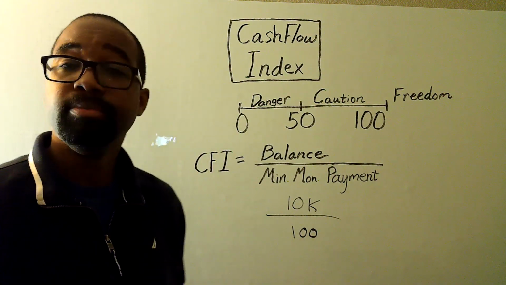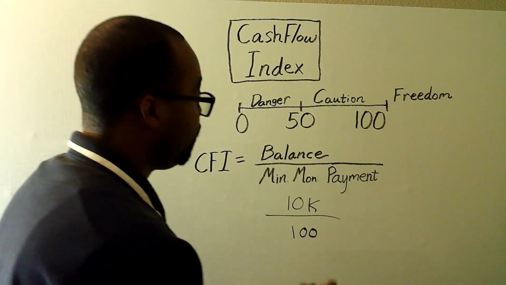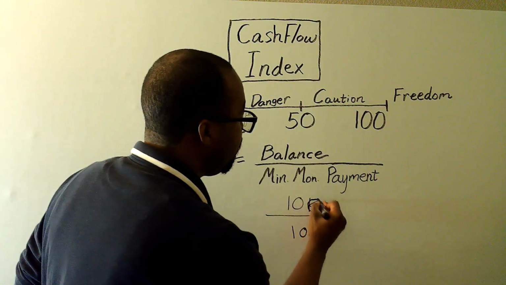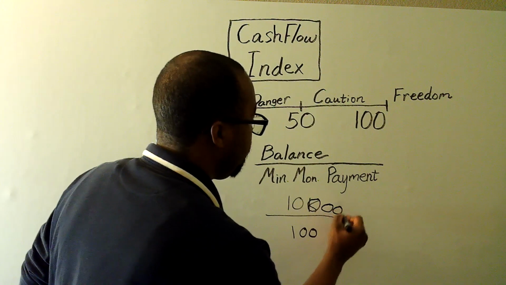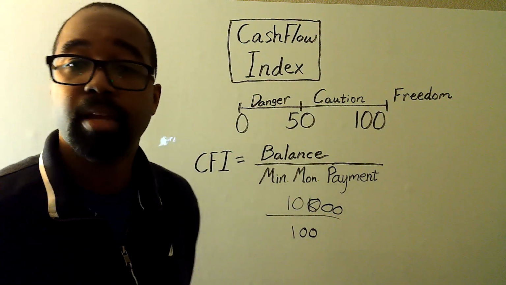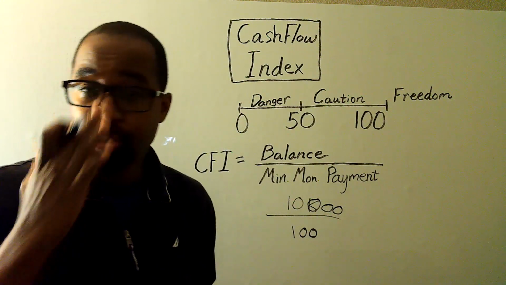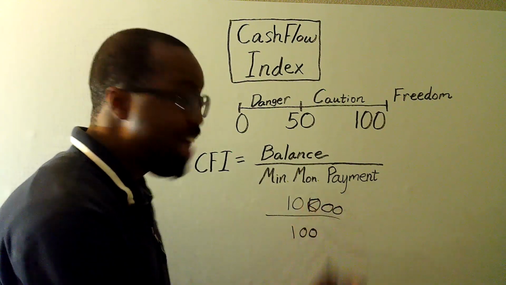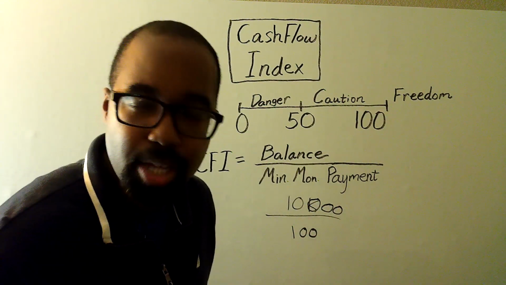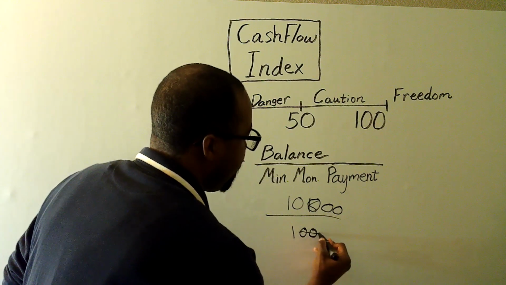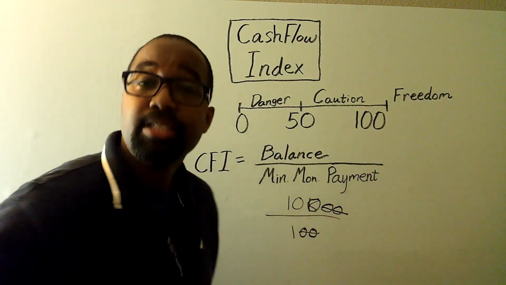Now, you do the math. What is 10,000 divided by 100? Take away these zeros right here. It's 100.